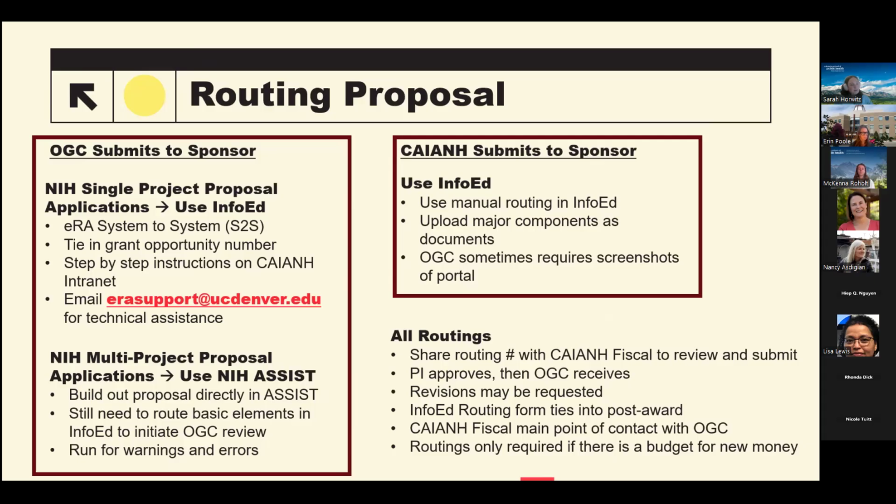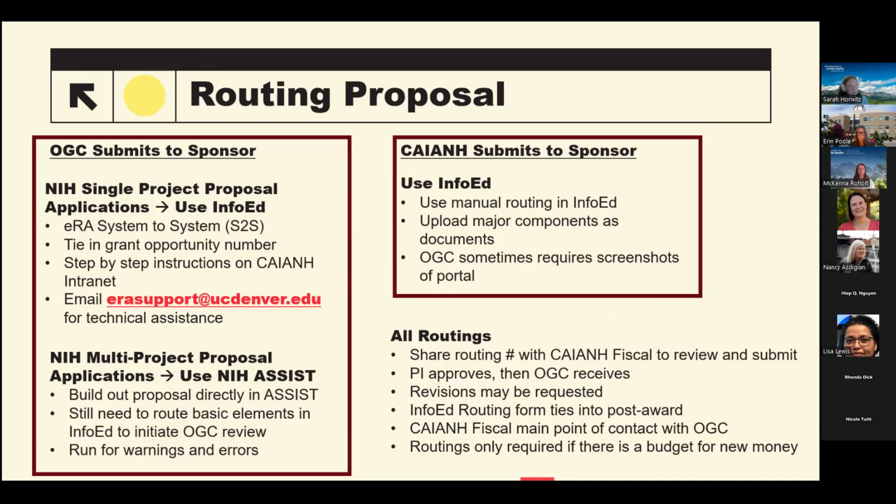So every routing includes a routing form, which is really important to fill out correctly because it ties into post-award. If the project is awarded, there are a lot of things that are set up based on that initial routing form that are pretty hard to change on the back end if we do that incorrectly to start.